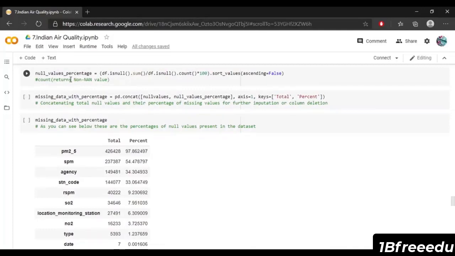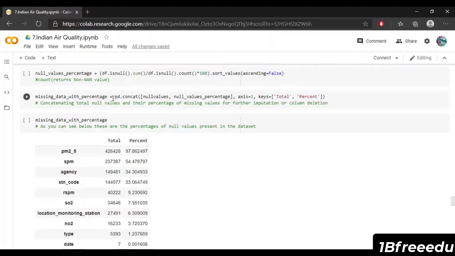And what this code says is that it takes the sum, which is the df.isnull.sum, and divides it by the df.isnull.count. So over here, count is nothing but it will return the non-null value, and then we multiply it by 100, and then we sort the values in descending order, and we store all these values in null values percentage.